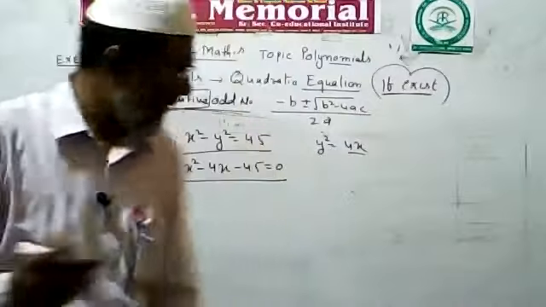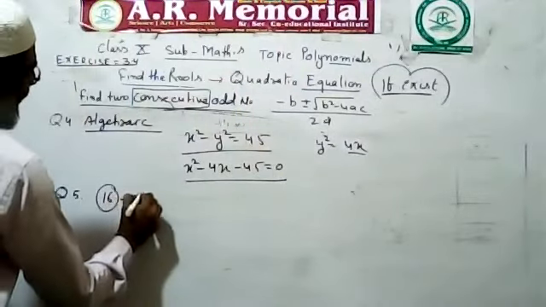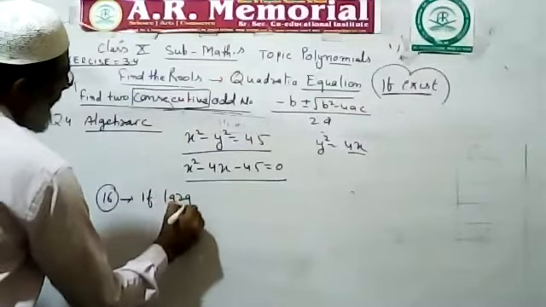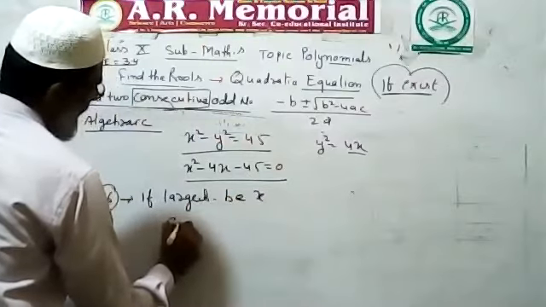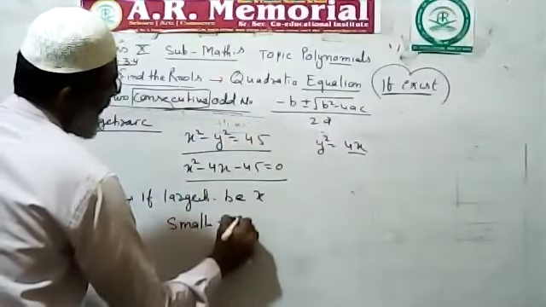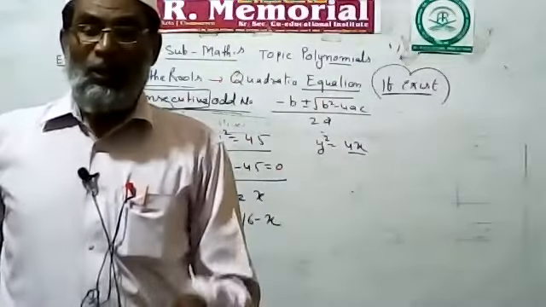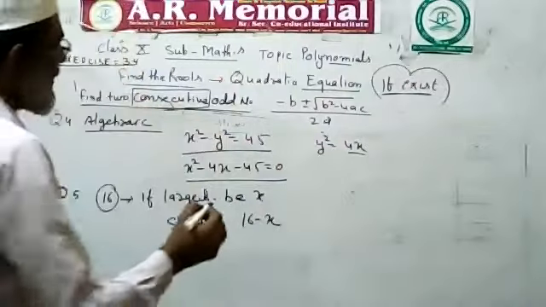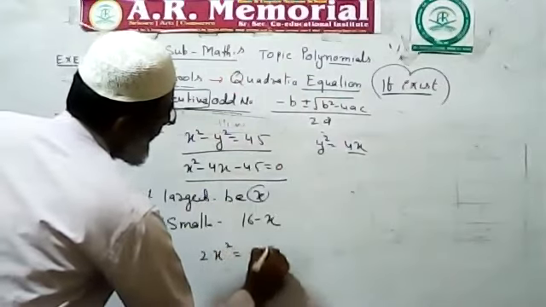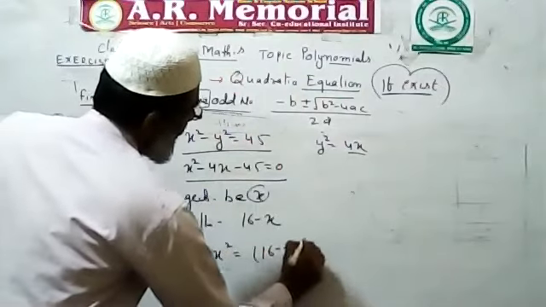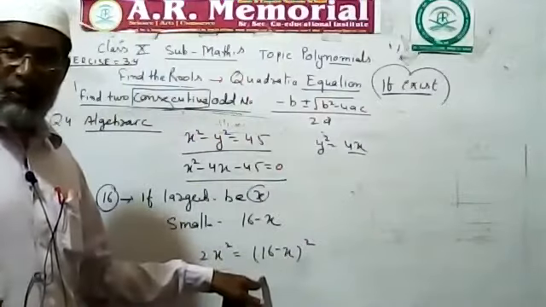Come here. 16 into 2 parts. If the larger is x, the smaller is 16 minus x. Now what is the relation? Double the square of the larger: 2x square is equal to 16 minus x square. This is bigger and this is smaller.